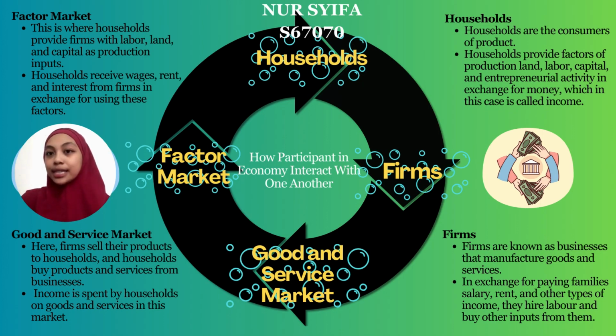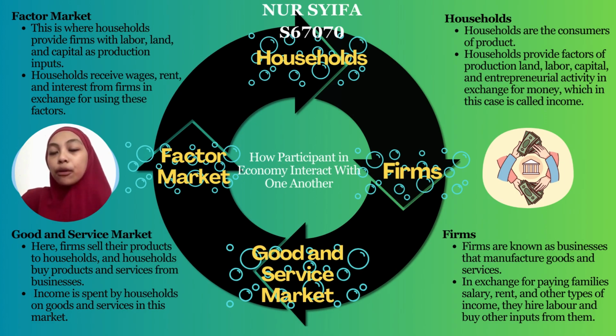Lastly, I will present how participants in the economy interact with one another. It is basically divided into four parts, which are households, firms, the goods and service market, and lastly, the factor market. First of all, households are the consumers of products.